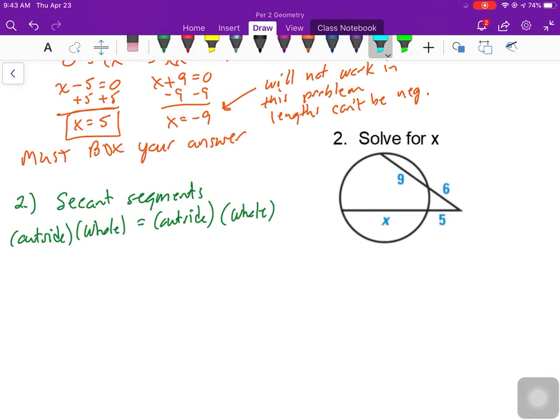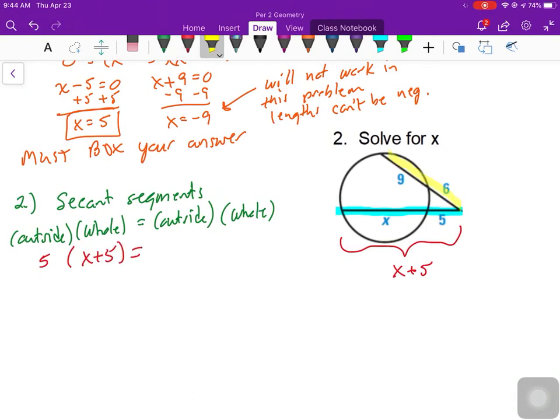It doesn't matter which one you do first. This time, let's work with this bottom one. On the bottom one, this whole length right there will be x plus 5. So the outside is 5, and the whole length is x plus 5.